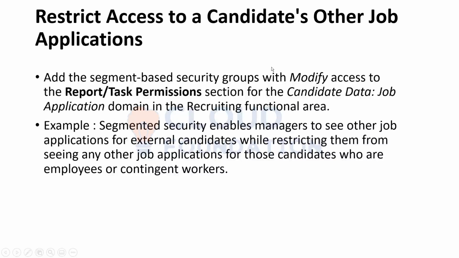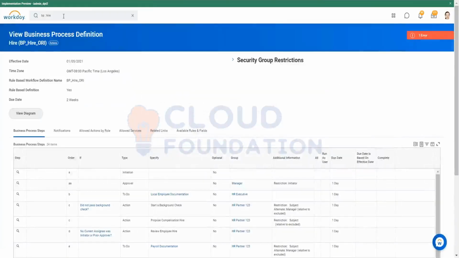So for such kind of features, we have to create a special kind of security group called segment-based security group. As the name suggests, this particular security group will have only segment of access to a particular feature. So let me show you how we can create segment-based security group.